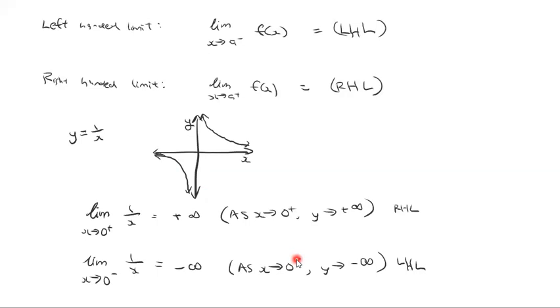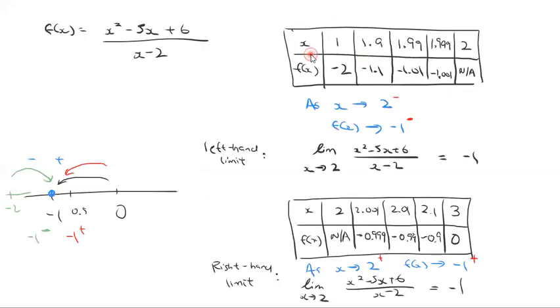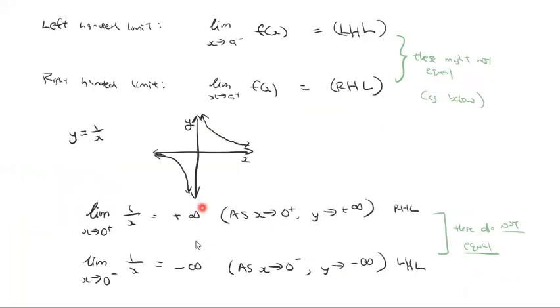And there is no guarantee that these equal. So when you are evaluating a limit, that's why you should be paying attention to whether you are evaluating from the left-hand side or from the right-hand side, because the answers could be very different. Does that make sense?